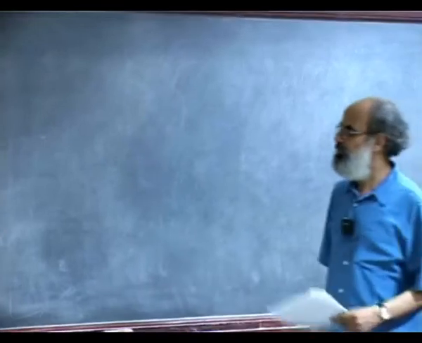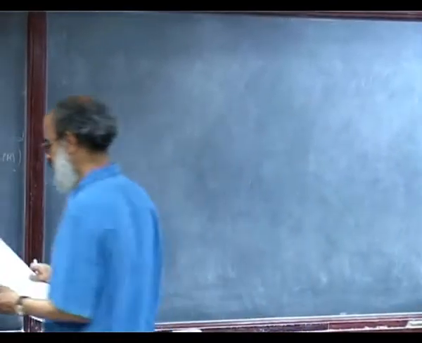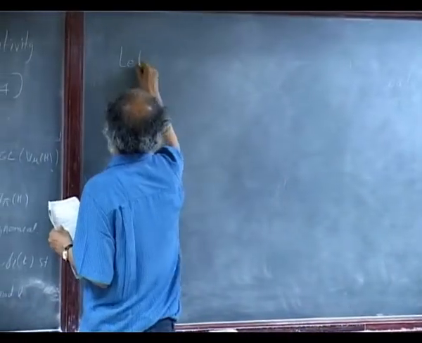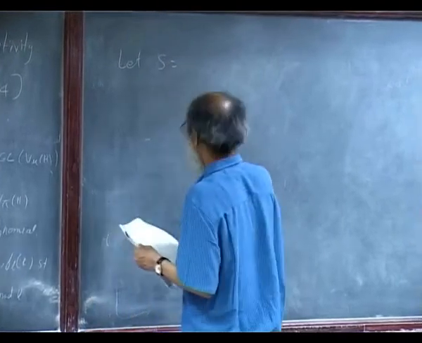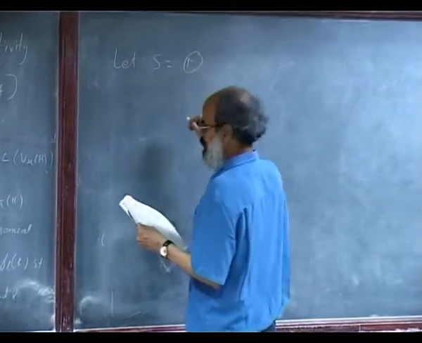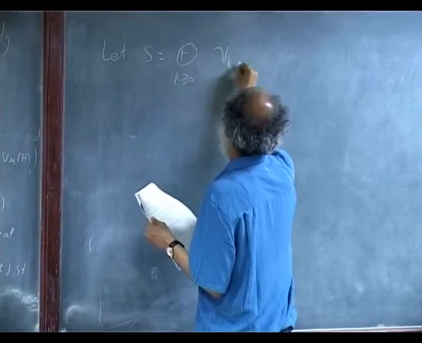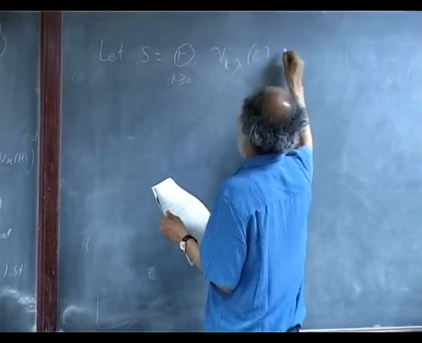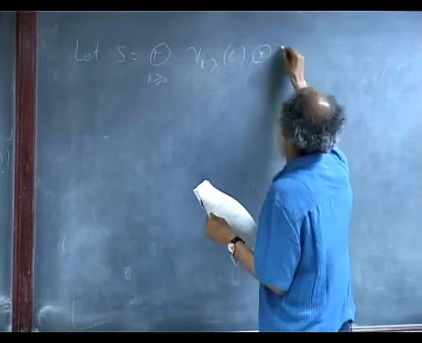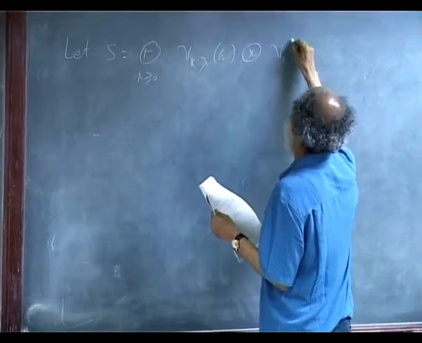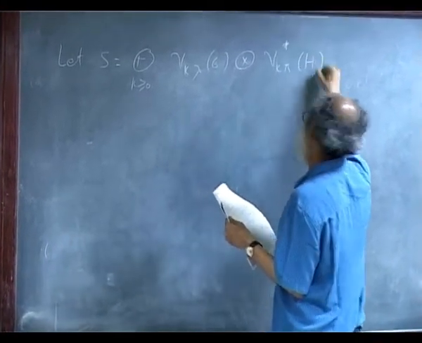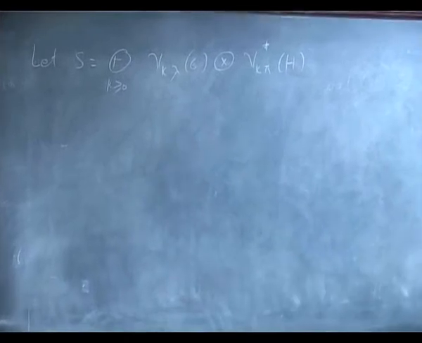So let me just sketch the proof. Let S be the sum over all k greater than 0 of V_{k lambda}(G) tensor V_{k pi} dual of H. Okay, consider S, it's a ring.